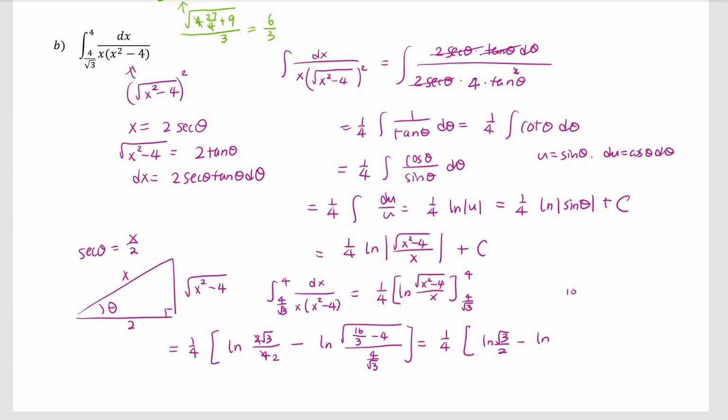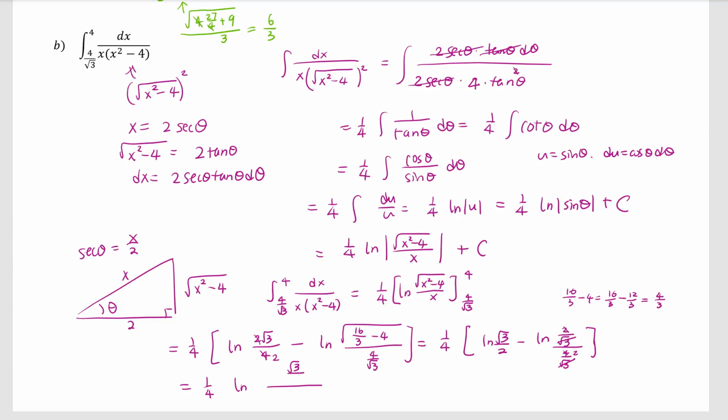That is the same as 16 over 3 minus 12 over 3. So 4 over 3. When we take the square root, 4 becomes 2 over square root of 3. Ooh! Do you see this cancel? And we have, oh, this cancels too. We have 1/2. And furthermore, ln, we can combine them together, but it becomes divide.